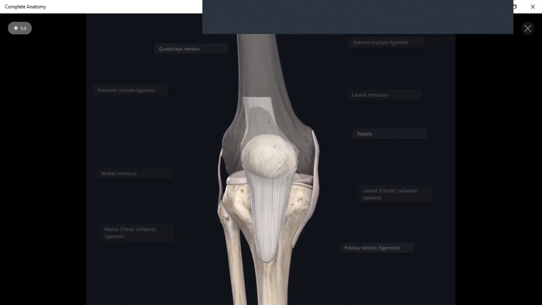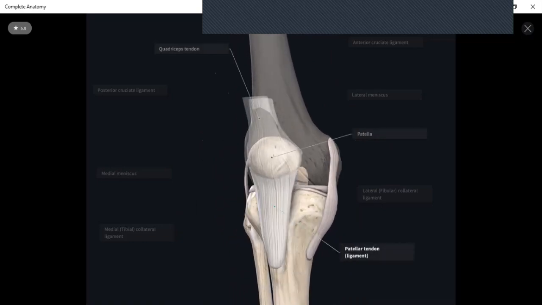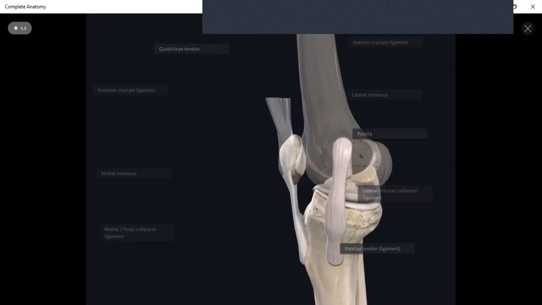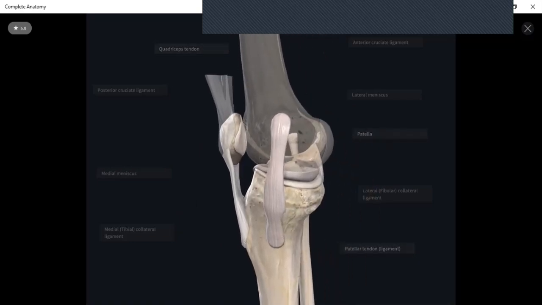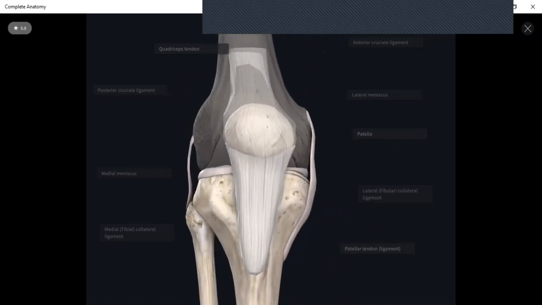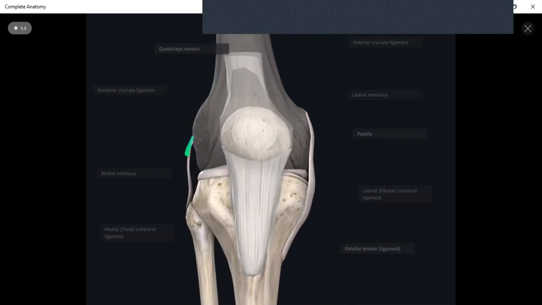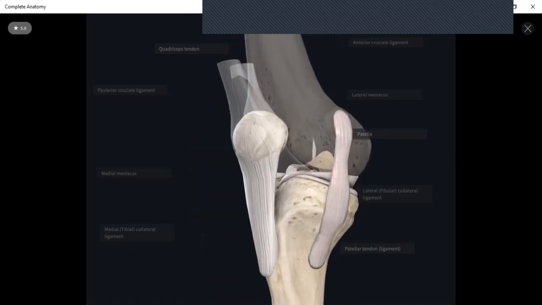The patellar ligament is the continuation of the quadriceps femoris tendon, and it's the most anterior ligament of the knee joint. When the knee is erect, the two collateral ligaments are tensed, providing strong support to the joint. As the knee bends, they loosen and release.